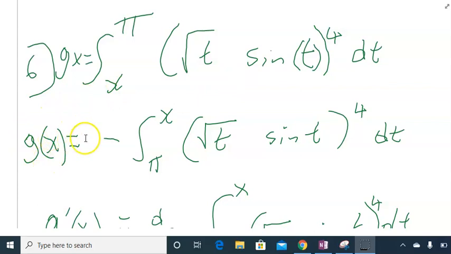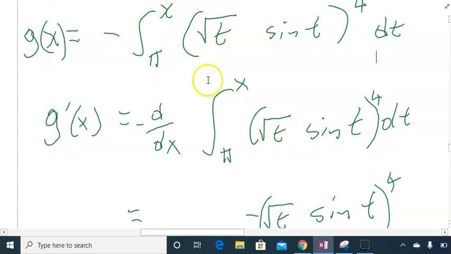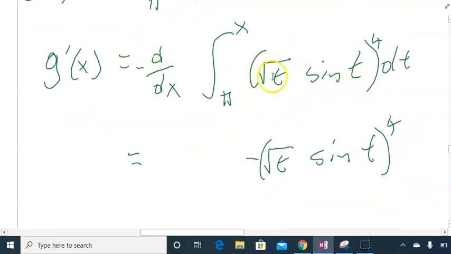We can rewrite this as g of x equal to the negative of the integral from pi to x of square root of t sine of t raised to the 4th dt. Now g prime of x: you've taken the derivative of the special function, so that's the negative of the inside function, negative square root of t sine of t raised to the 4th power.